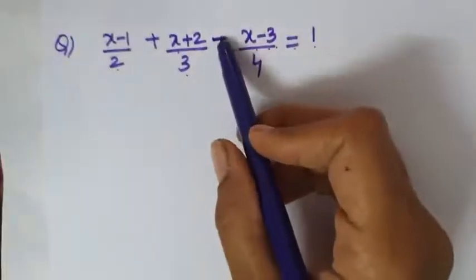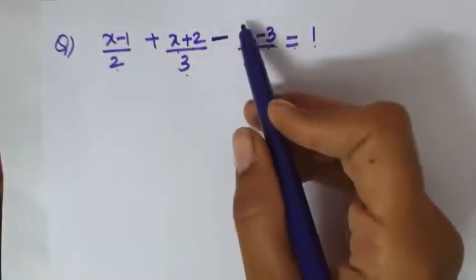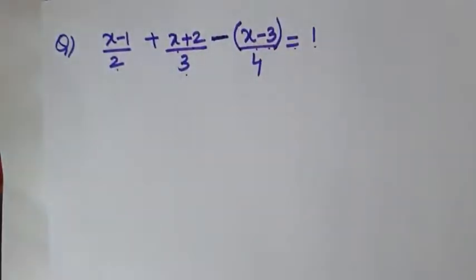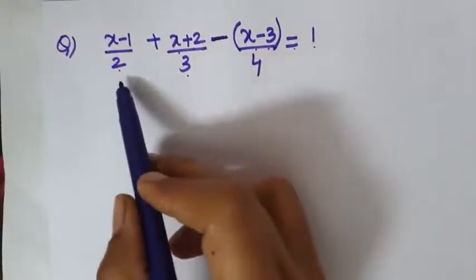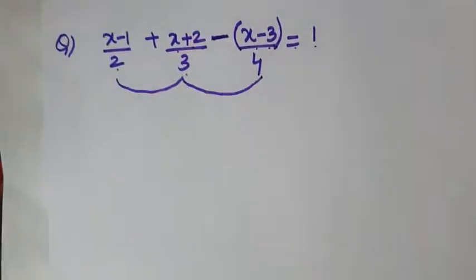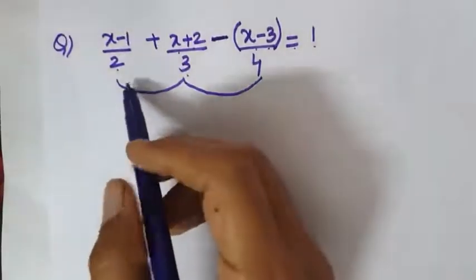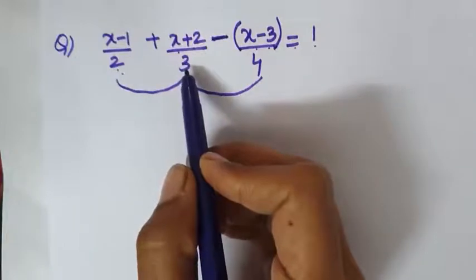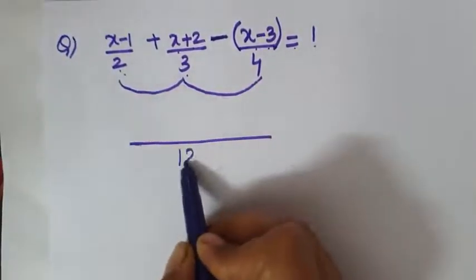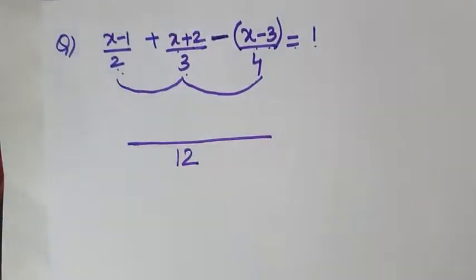Whenever there is a negative sign, always put the bracket so that there will be no chance of mistake. Now, we will take the LCM of these three numbers. The LCM of 2, 3 and 4 is 12. So, let us write here 12.